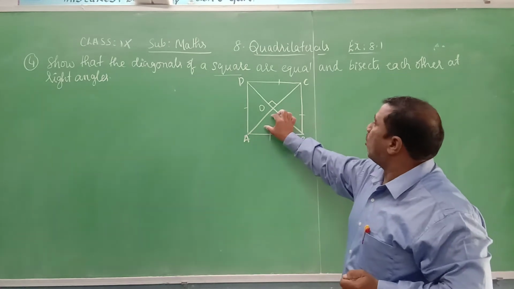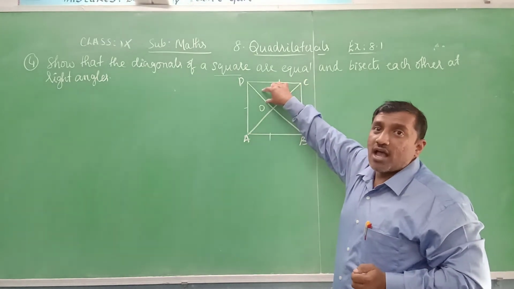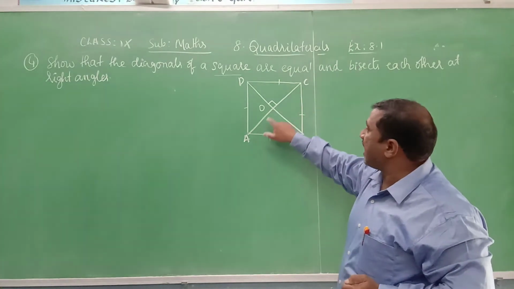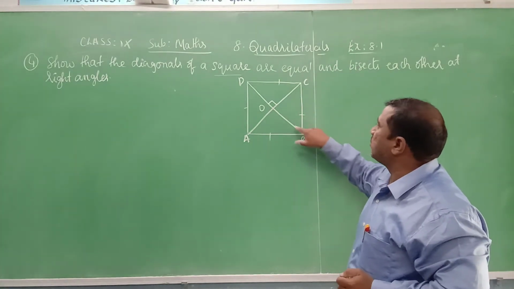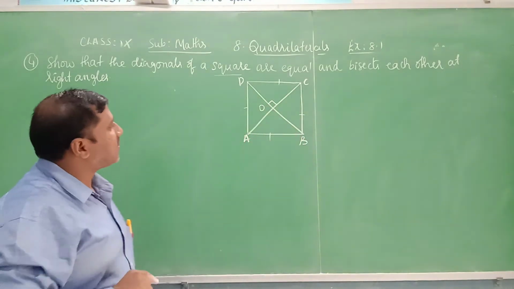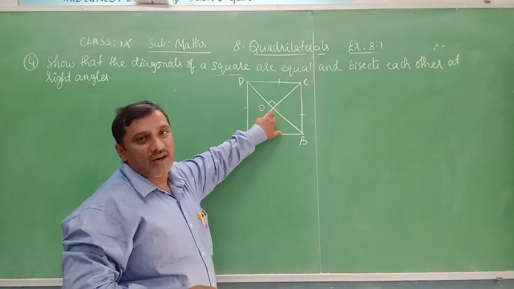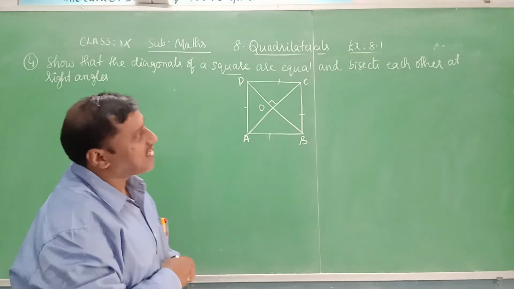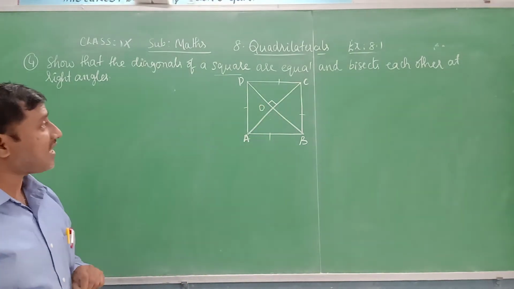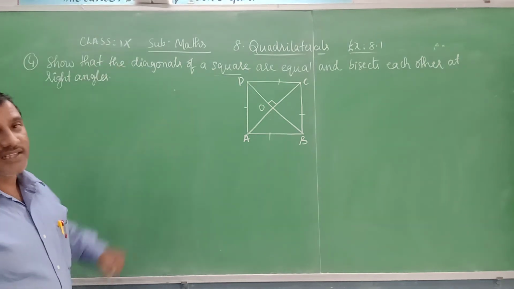That is, OA is equal to OC and OB is equal to OD. And also at right angles, that is angle AOB is equal to angle BOC is equal to angle COD is equal to angle AOD. That is, all the four angles at this point are equal and each angle is 90 degrees. Yes. Now, how do you prove that the diagonals are equal?